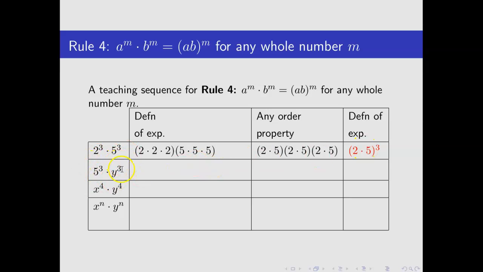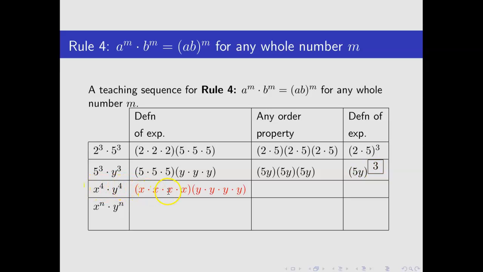Moving on to a little bit of abstraction here, we have 5 to the third times y to the third. So that's 5 times 5 times 5 times y times y times y. And then using the any order property again, we get 5y times 5y times 5y, which from the definition of exponent is going to give us 5y to the third power. Increasing our abstraction now with x to the fourth and y to the fourth, but still keeping those concrete powers.